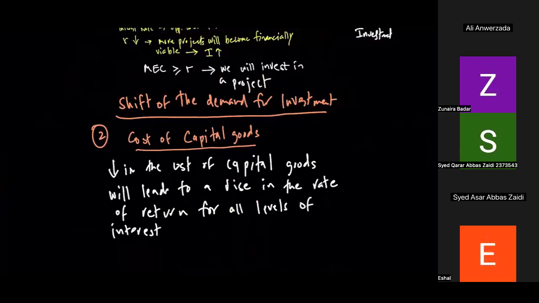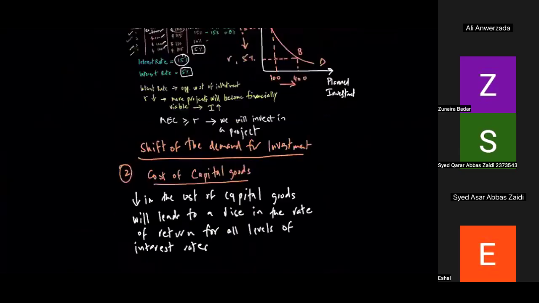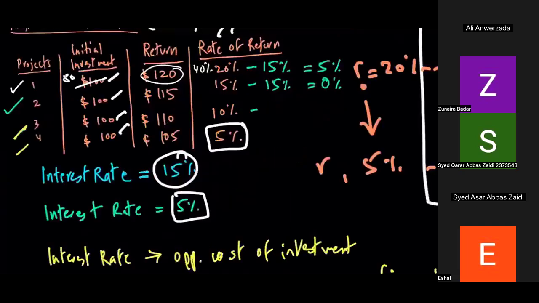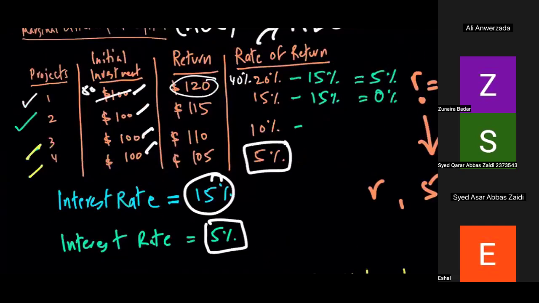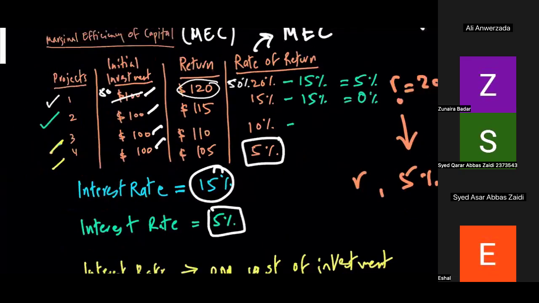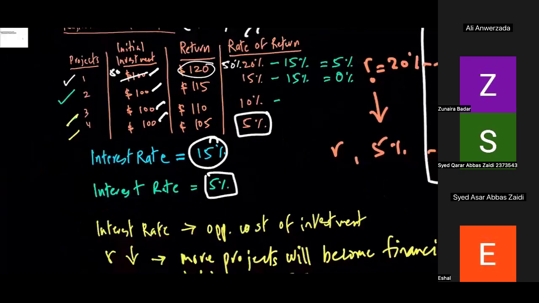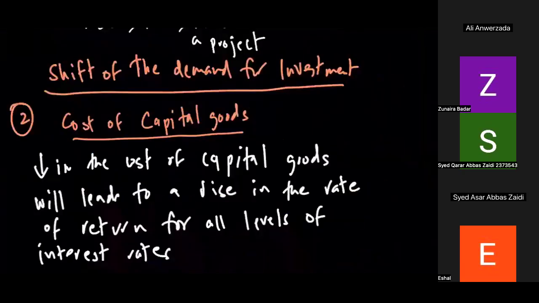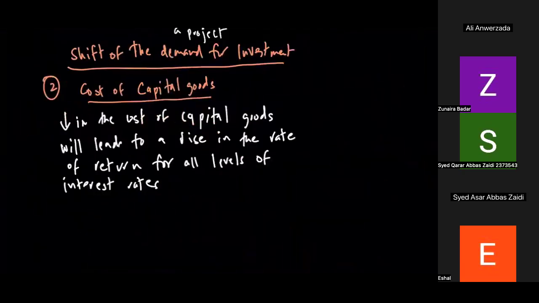interest rates. So what I'm trying to say is this, that this project, which was earlier giving you like 120 return, suddenly will still give you 120 return, but the rate of return will be 120 minus 80, that is 40, actually not even 40, it is going to be like 40 divided by 80, 50% return, right? Because 120 minus 80 is 40, 40 over 80 is 50% return. So suddenly, the lower the initial investment, that is, the cheaper your initial investment, the same machine can give you more return because the return is still 120, but the money that you put was only 80.